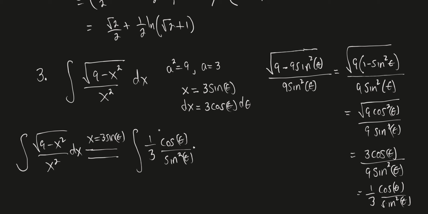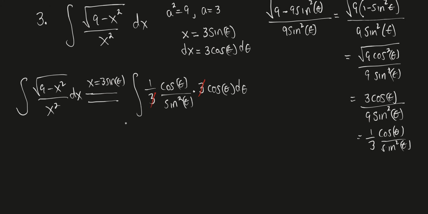I have to multiply this by 3 cosine theta d theta. And what happens here? Well, we have a 3 in the denominator and a 3 in the numerator, so those cancel out. And then I have a cosine theta times a cosine theta, so I have cosine squared. So what we have left is cosine squared theta over sine squared theta.